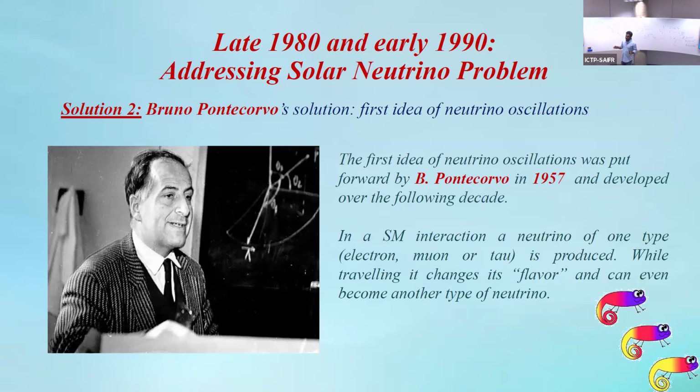Anybody has any idea why in 56 somebody is talking about oscillation? Because of the chaos system? Not really, although that was in their mind, but there was no experiment, nothing, like only in 54 or so you just detected reactor antineutrinos.